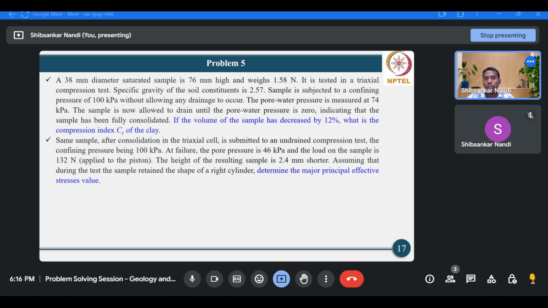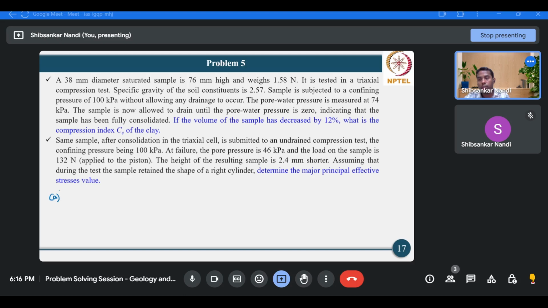So in the first part, we have to calculate the compression index Cc of the clay. Therefore, we first have to know the definition of compression index.